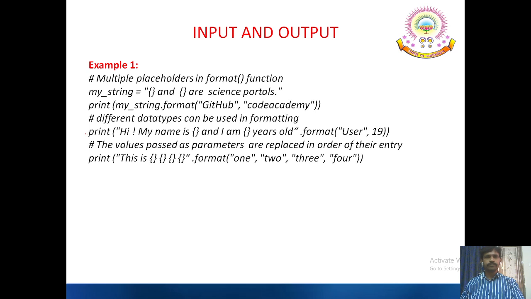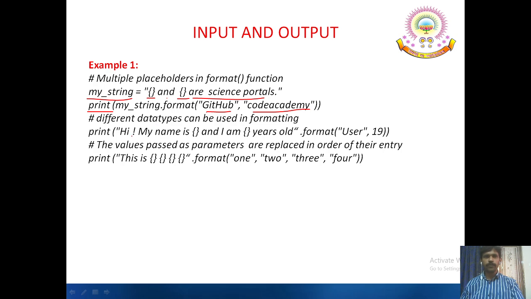Example, see, multiple placeholders in the format function. My string is equal to brace and brace are science portals. My string dot format GitHub and Codecademy. This is another kind. The string variable is used with format and print is used along with that.